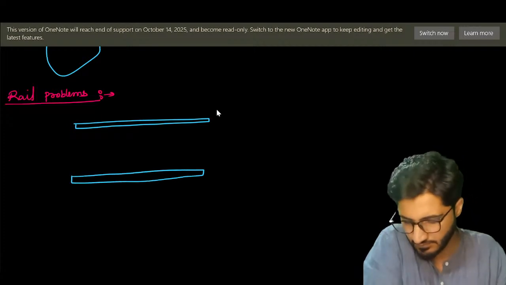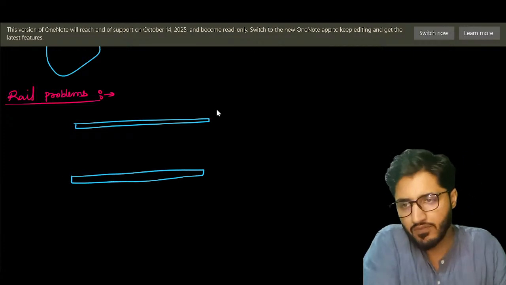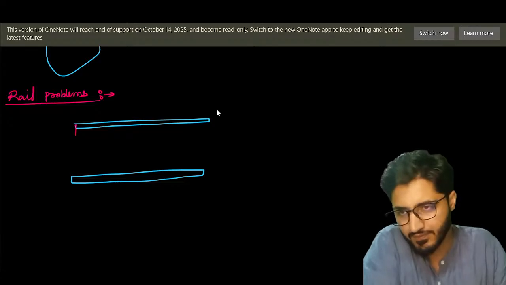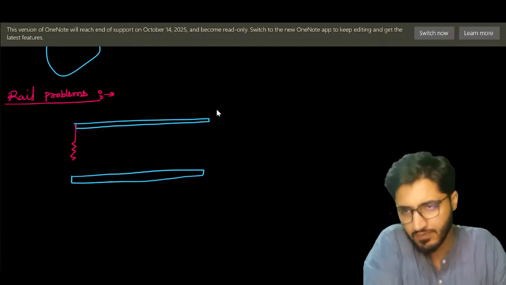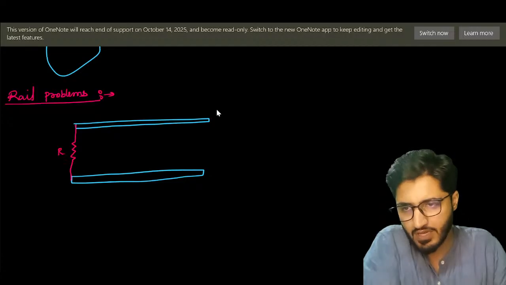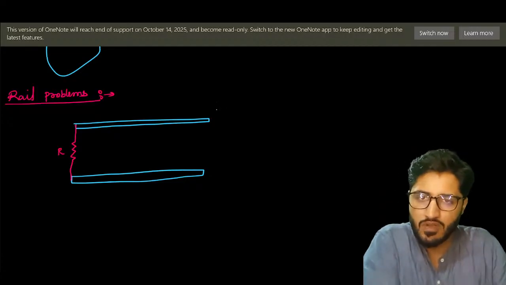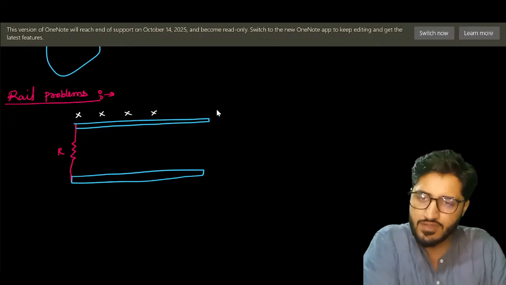Now here we have a resistor with resistance R, and we have a magnetic field which is inside. Cross means B is inside. My B is inside.